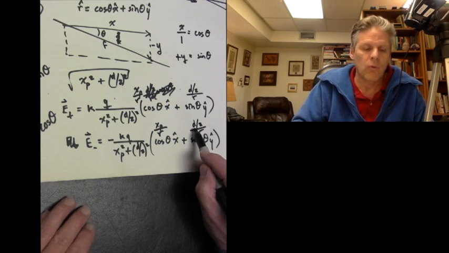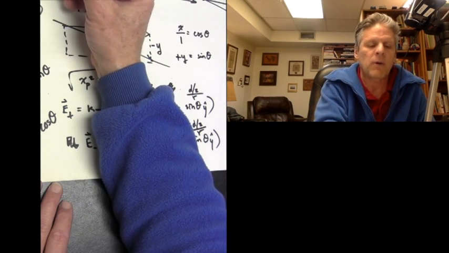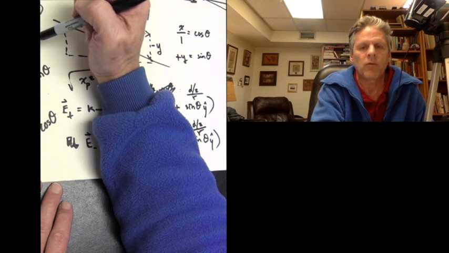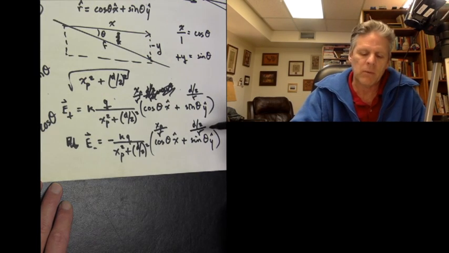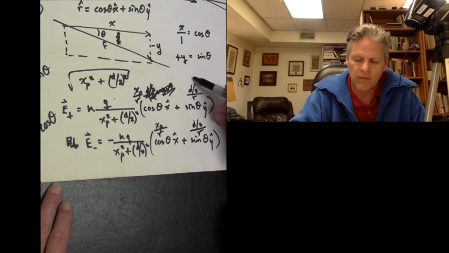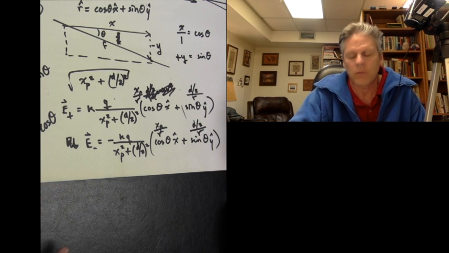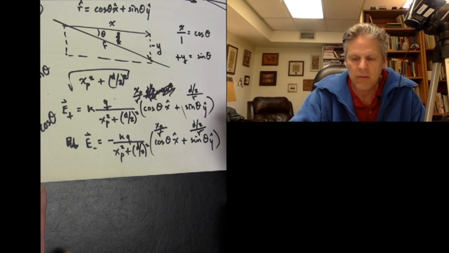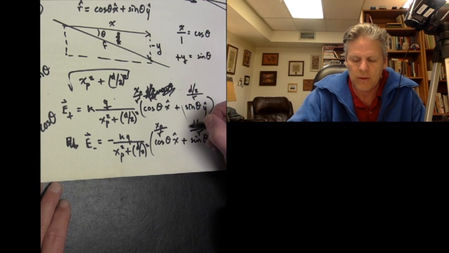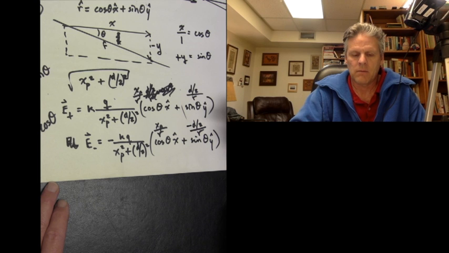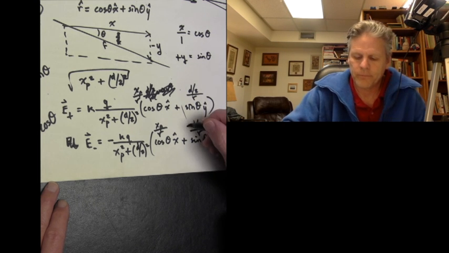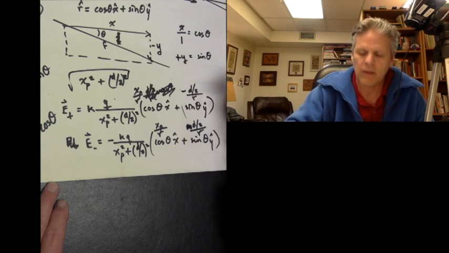This d over 2 is either in the positive or the negative direction. So one of these is going to be positive, one of these is going to be negative. Just to be consistent with what I did before, I believe that puts this one negative. No, it puts this one negative.